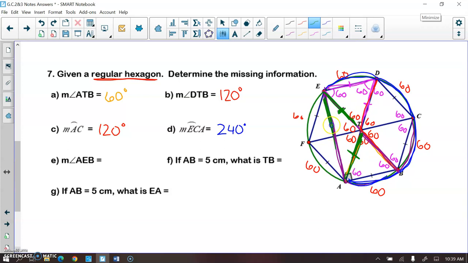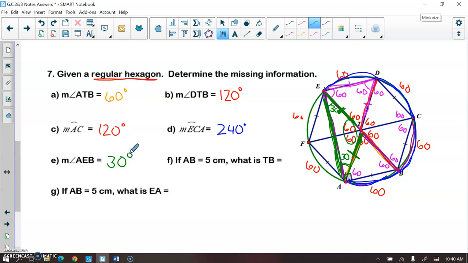So this green triangle is an isosceles triangle, so base angles are congruent, and the vertex angle is 120, 60 plus 60. So if I do 180 minus 120 and then divide by 2, I get that each of these angles is 30 degrees, which means that angle AEB is 30 degrees.